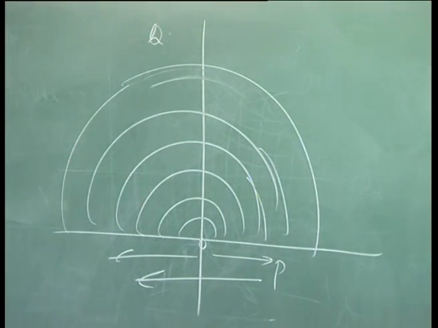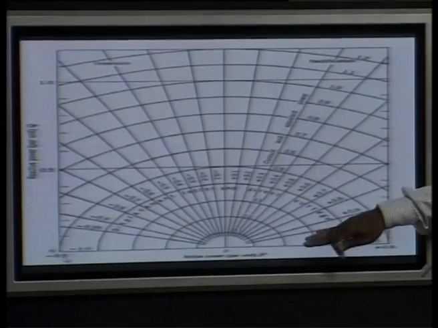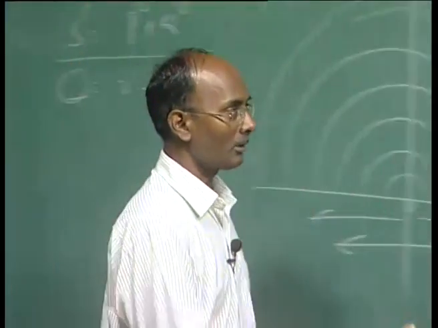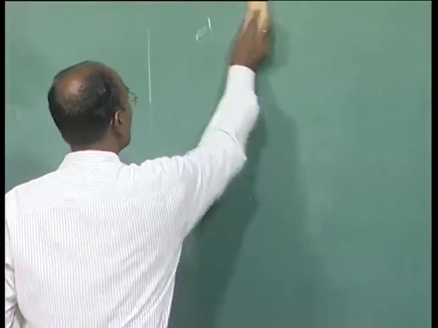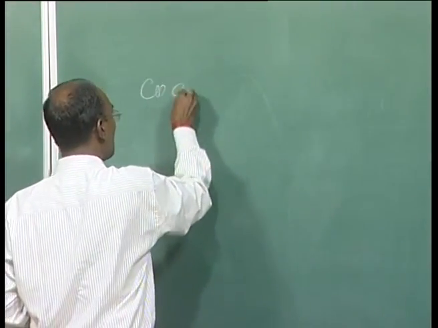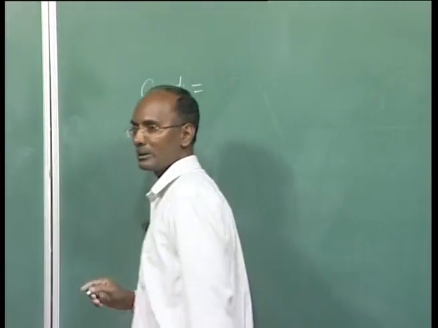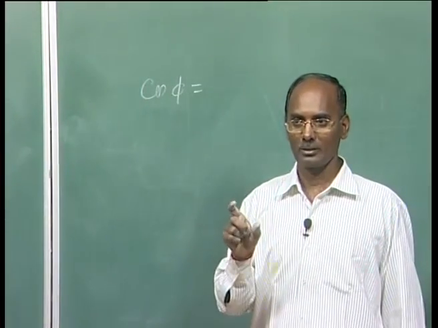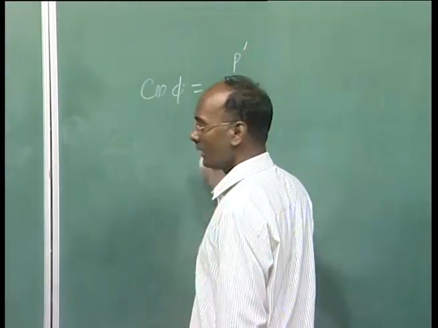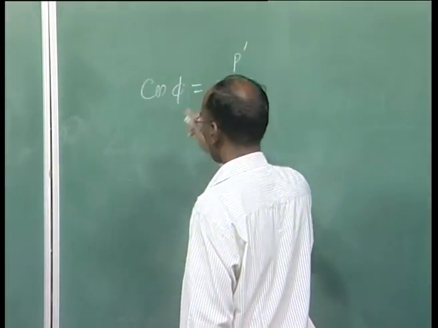Now the displacement factor, you see this is a straight line. How to calculate the displacement factor? It is cos phi, defined as the active power in per unit divided by the apparent power in per unit.